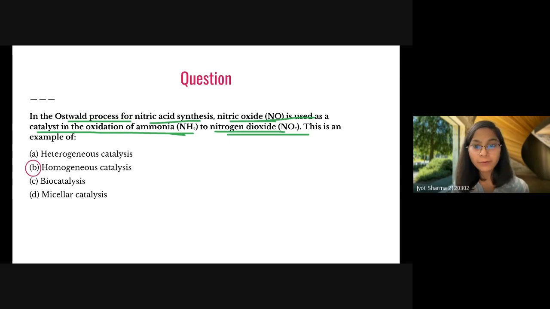Can you give me the name of one or two, like vanadium and so on? These are solid in nature, but your reactant is in the liquid phase. So if there is a disparity, then this is heterogeneous, but if there is no disparity in the phase, then this is homogeneous. And here nitric oxide, ammonia, and nitrogen dioxide are the same in phase, so that's why this is a homogeneous reaction.